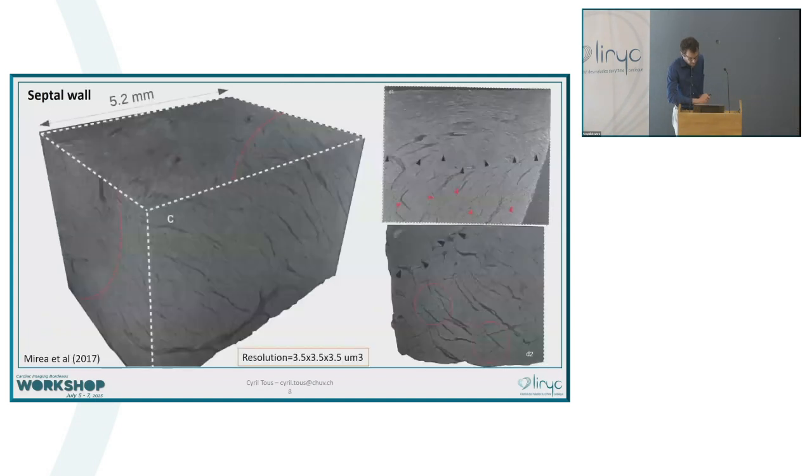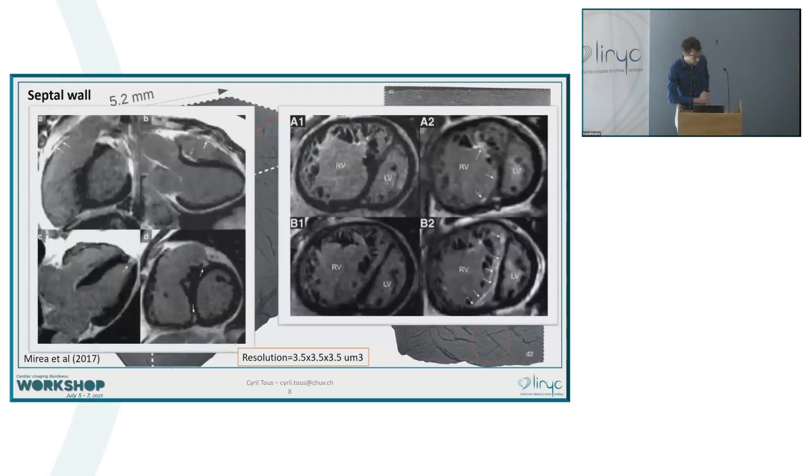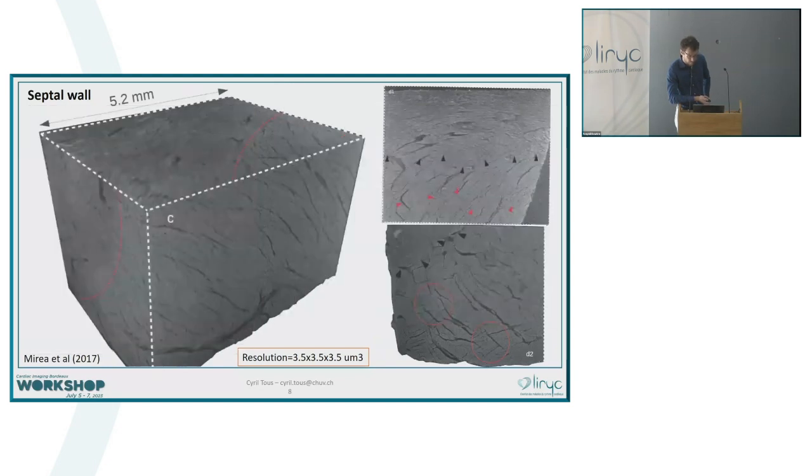Here it's more a highlight of this clear cut between the epicardial layers and endocardial layers. If you look at some of the late gadolinium enhancement imaging, you can really see this clear cut here, between the RV, which is infarcted, and then the epicardial layer and endocardial layer, and that's because of the difference of structure.